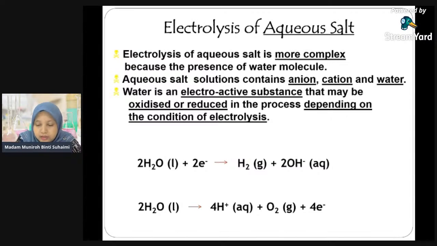Water gives us OH minus and H plus. So we have anion, cation, OH minus, and H plus from water. Water is an electroactive substance that may be oxidized or reduced in the process, depending on the conditions of electrolysis.